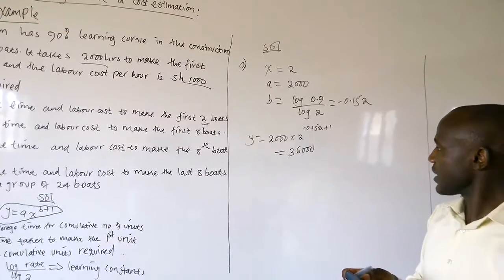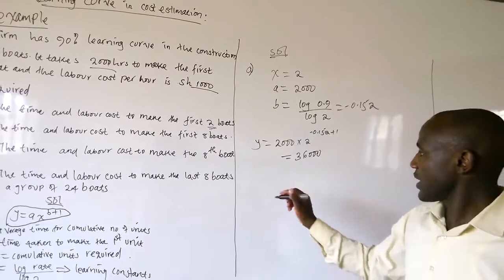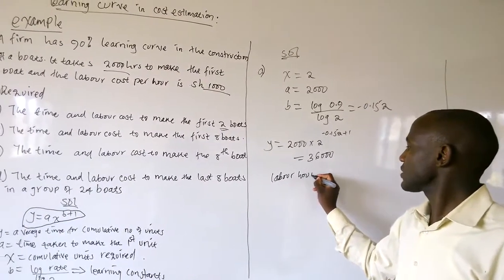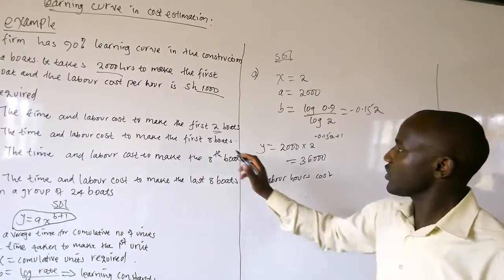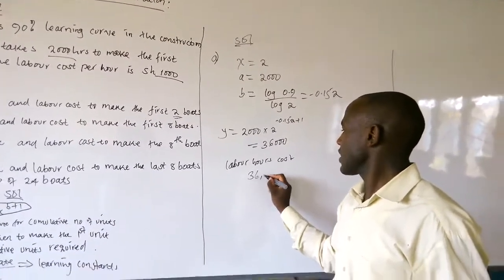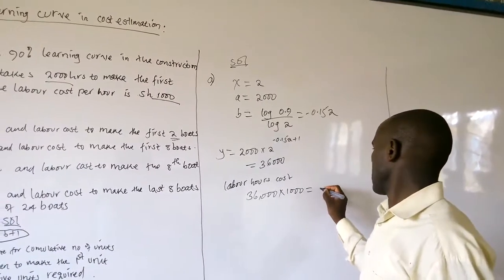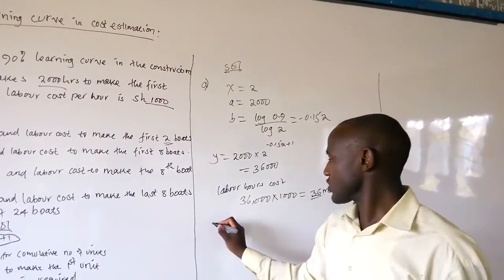After getting that, we get the labor cost: 36,000 times 1,000, we get 36 million. This was the total cost for the first two.